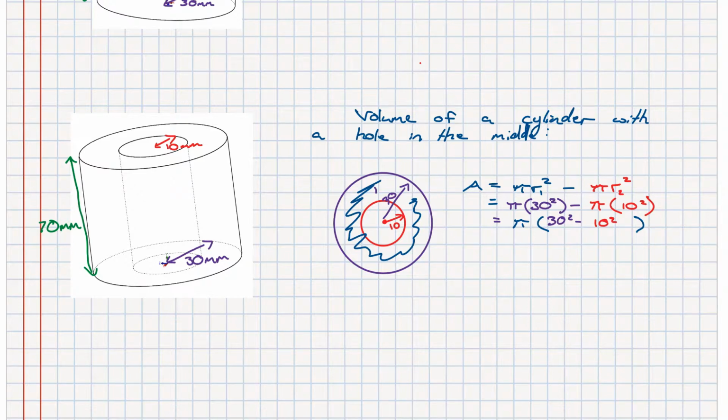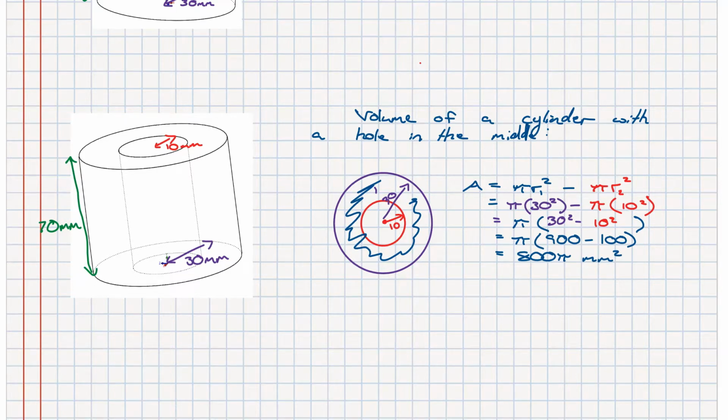And then evaluating this, 30 squared is equal to 900, take away 10 squared, that's 100. So what we get is 800 pi millimeters squared.